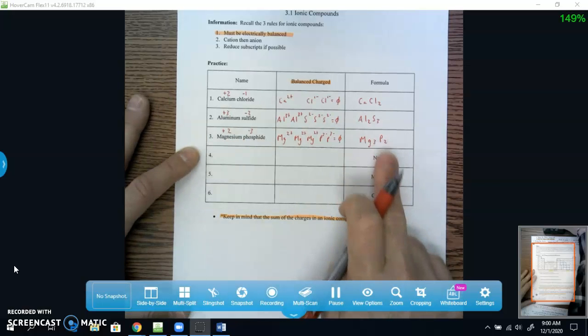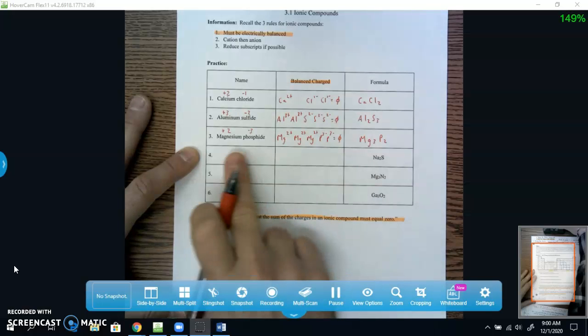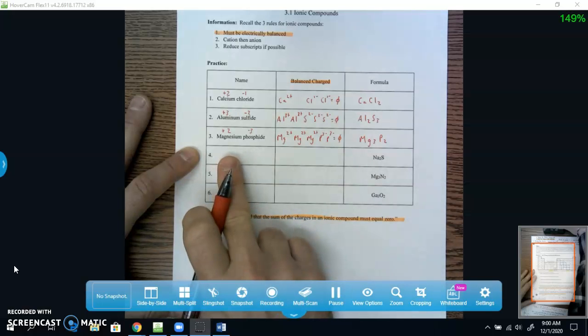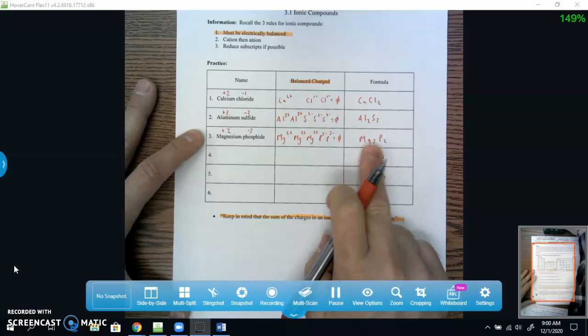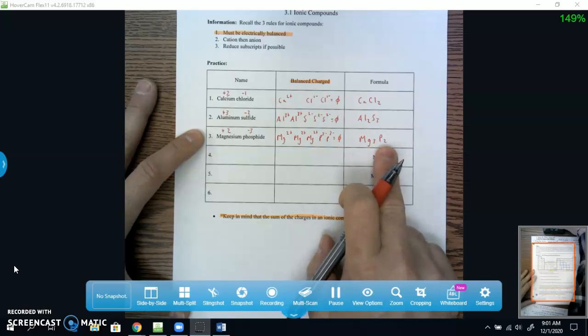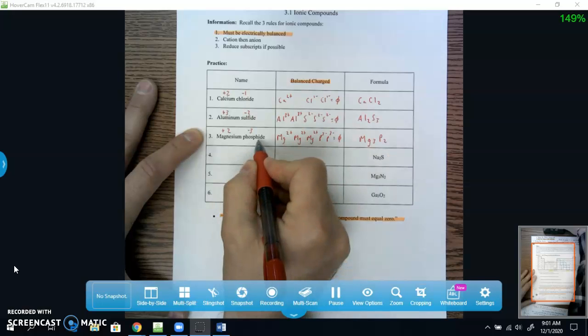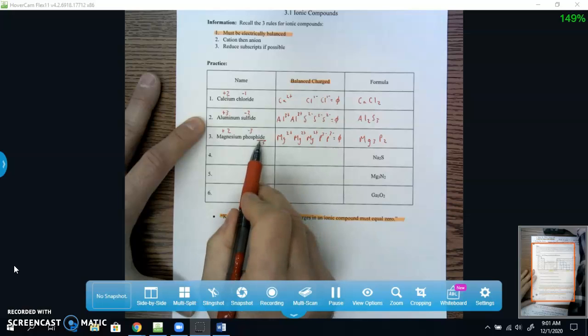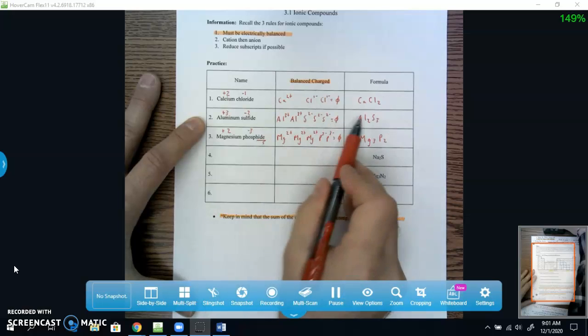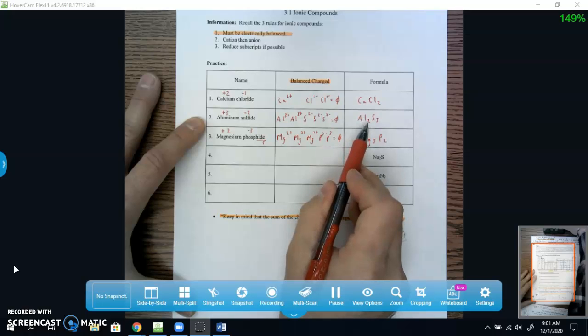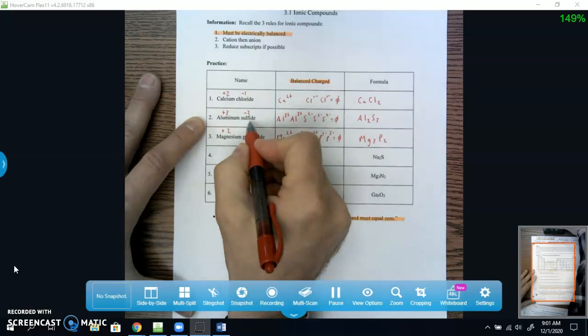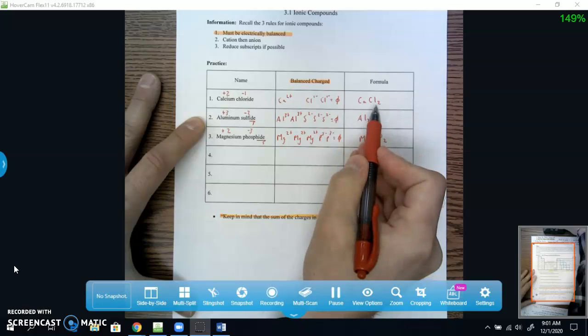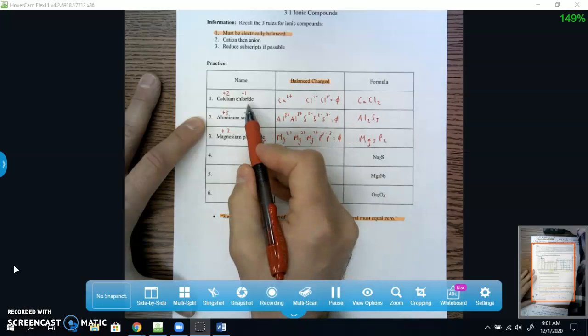Now, it's a little bit more challenging to go from a name over to a formula. It's a little bit easier to go from the formula backwards to the name. Okay, let's practice it with this set that we've already done up here. If you mix magnesium and phosphorus, it's not called magnesium phosphorus, it's called magnesium phosphide. So see how what you do is you drop the ending of the anion and you add the suffix IDE. So for this one, it's not aluminum sulfur, it's aluminum sulfide. For this one, it's not calcium chlorine, it's calcium chloride.